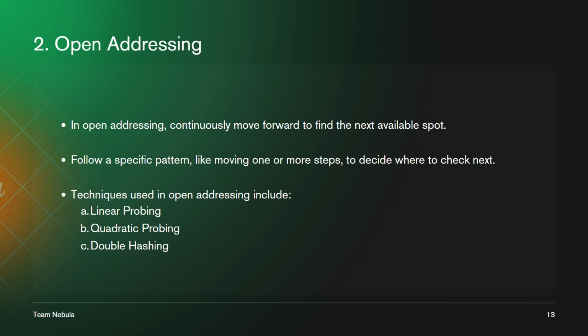Or you can follow a certain pattern to decide where to check next, like moving one step, or two steps, or more steps. So, to sum it up, open addressing is like trying to find an empty spot in a busy lot. You keep going until you find one. And in our case, when we need to find something, we use the same method to locate it. Different techniques used in open addressing are linear probing, quadratic probing, and double hashing.